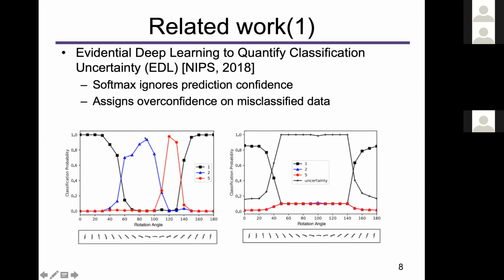This model says it's 80%, 90% sure this horizontal line is number two, which is wrong. This is the problem of the softmax layer.